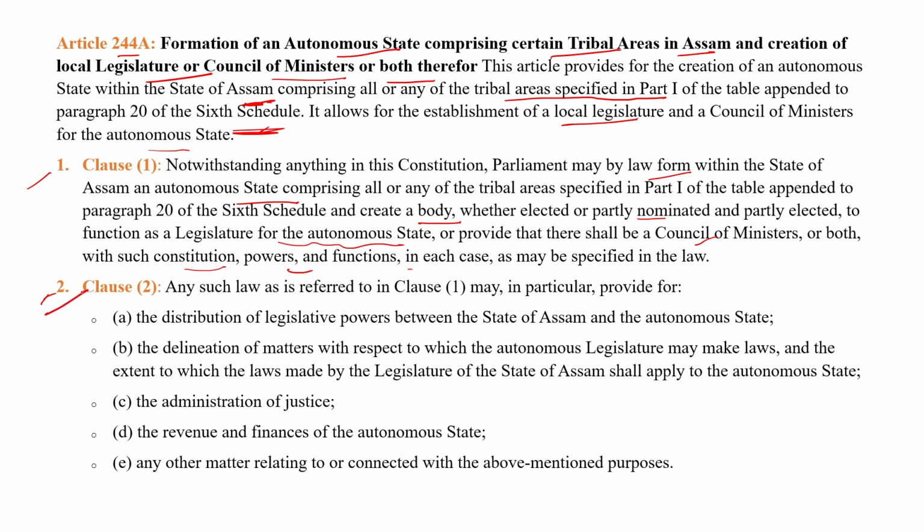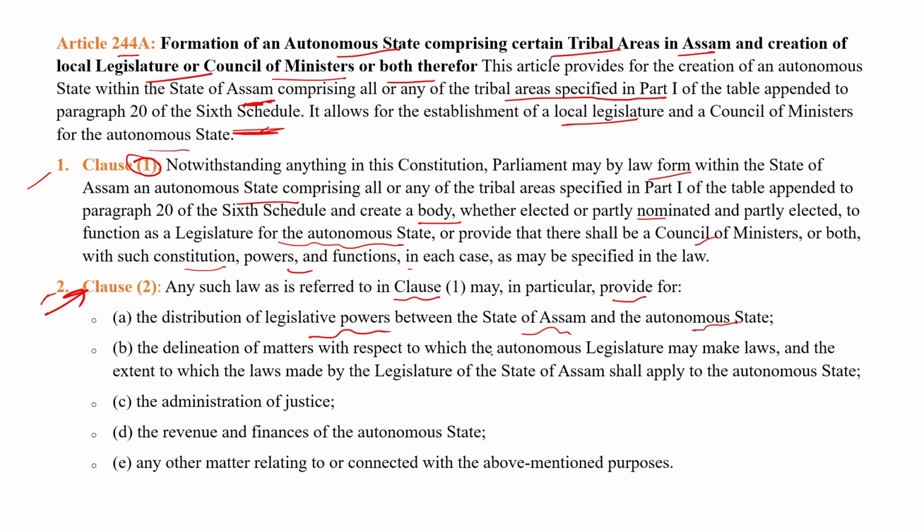What does clause 2 explain? It explains that if there is any law referred to in clause 1, it may particularly provide for the distribution of legislative power between the state of Assam and the autonomous state.